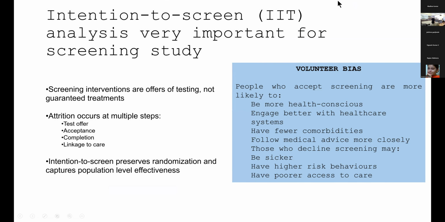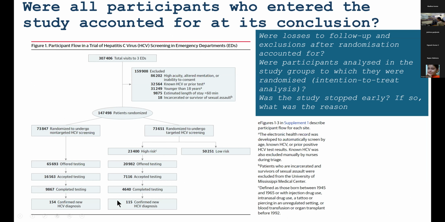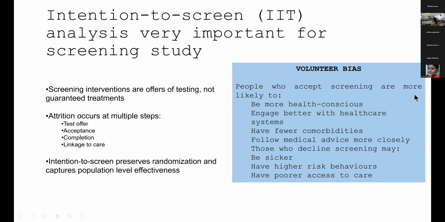So it has to be an intention-to-screen analysis and not a per-protocol analysis. It also preserves randomization. If you did a per-protocol analysis, say you looked at only 9,000 versus 4,000 who completed the test, you introduce something called volunteer bias. Who are the people likely to agree to screening? Those who are more health conscious, who know about the disease, who are likely to follow up.